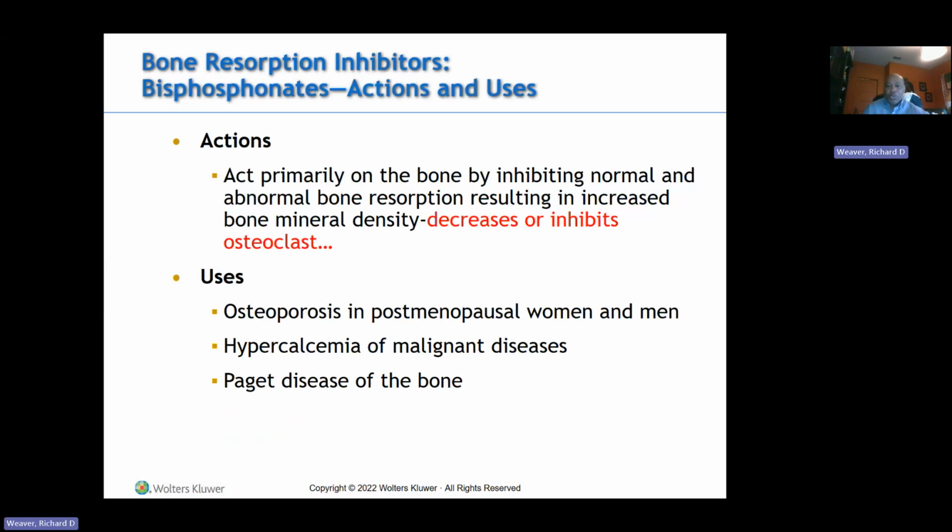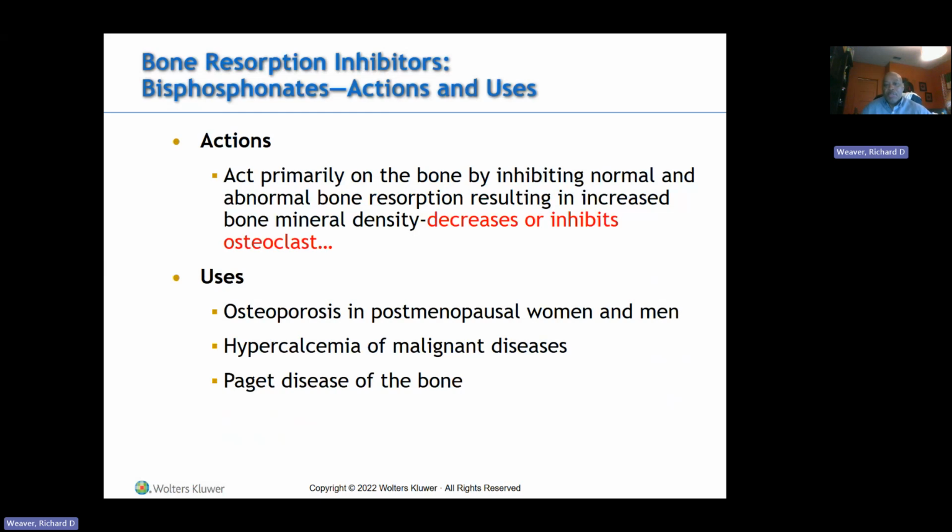Right, it's that balance between breaking down old bone and forming new cells in the bone. But if bone resorption becomes greater than the bone formation, or osteoblast, it can lead to a decrease in bone density, and then of course these patients will experience osteoporosis.